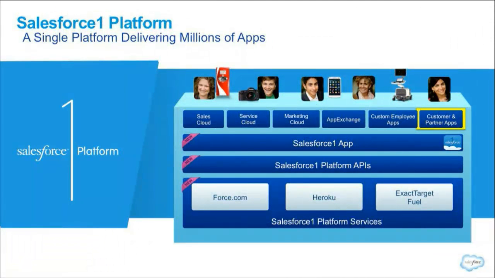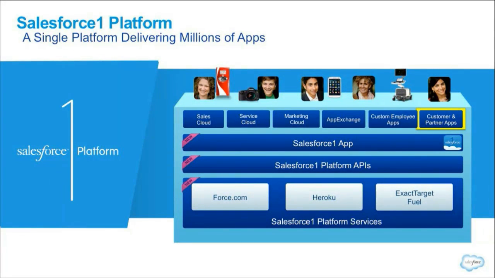So this is a simple visual representation of our Salesforce One platform. And as you look, I'll run through this just very briefly, but at the very bottom, you'll see some of the tools that you can use to build apps on our platform. There's Force.com. This is our core technology for building employee-facing apps. There's Heroku for building customer-facing apps, which we'll get into in just a moment. And there's ExactTarget Fuel for our marketing journeys.